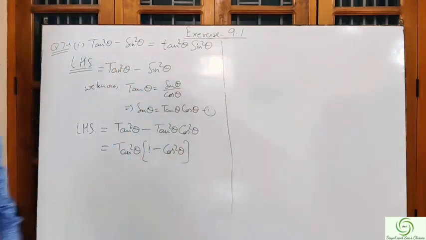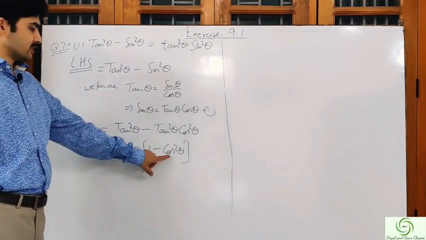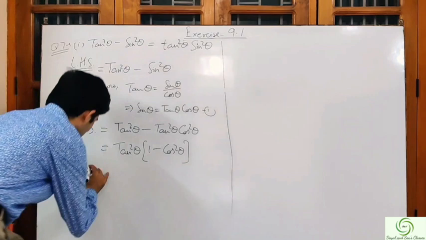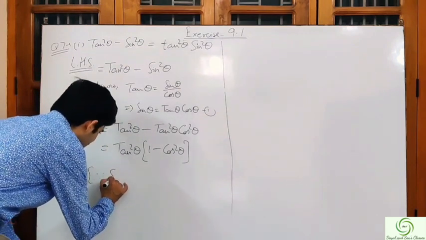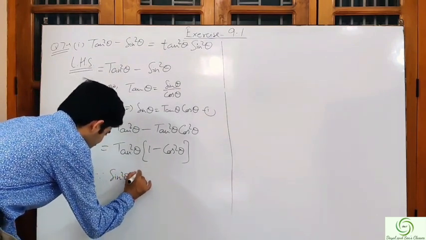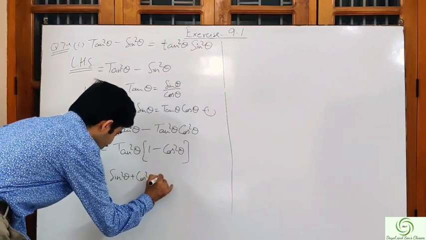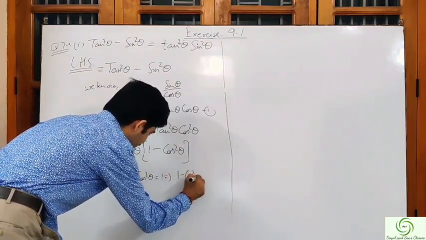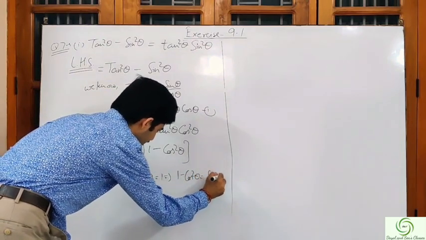And what is 1 minus cos square theta? Since sin square theta plus cos square theta is equal to 1, this means 1 minus cos square theta is equal to sin square theta.